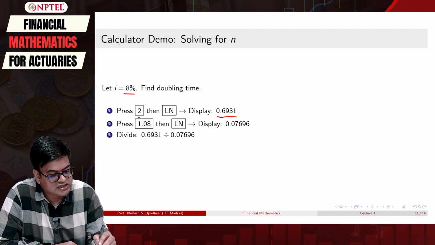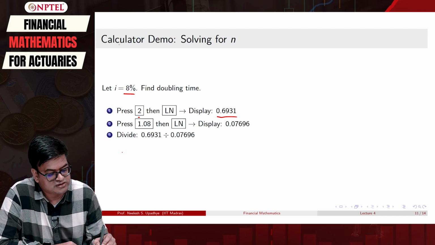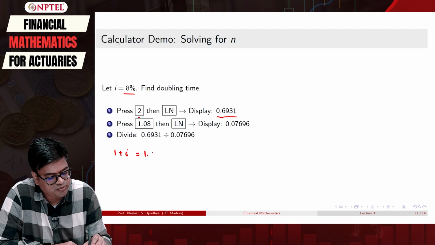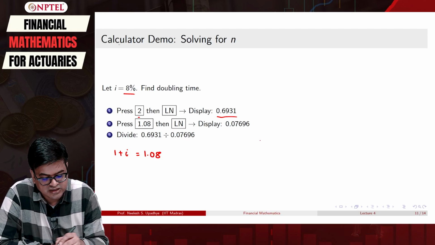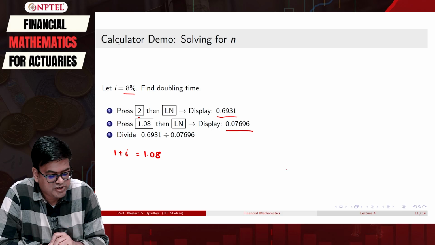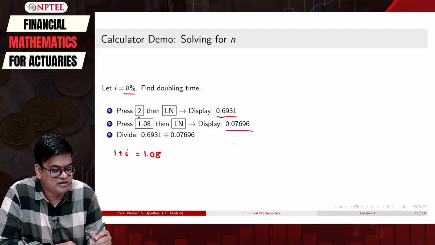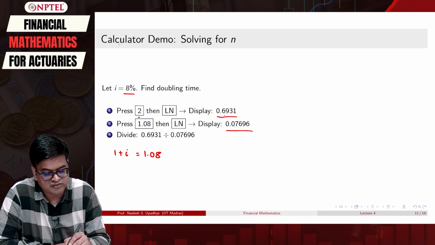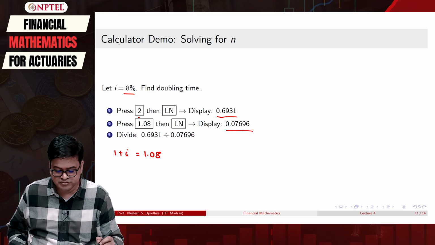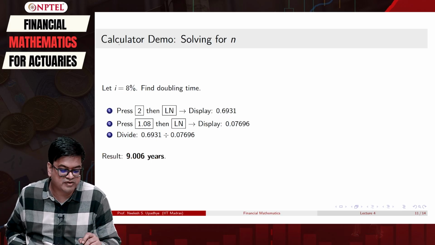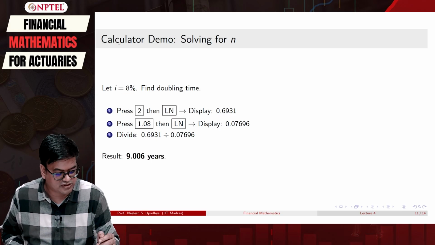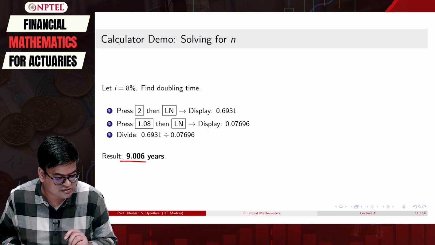Then because it's 8%, I will always talk about 1 plus i, so I will talk about 1.08, which is 1 plus 0.08, then take a natural log of it as done here, and you will get the display to be equal to this. Then you divide 0.6931 with this particular number, and that will give you the display as shown on the calculator screen like this.